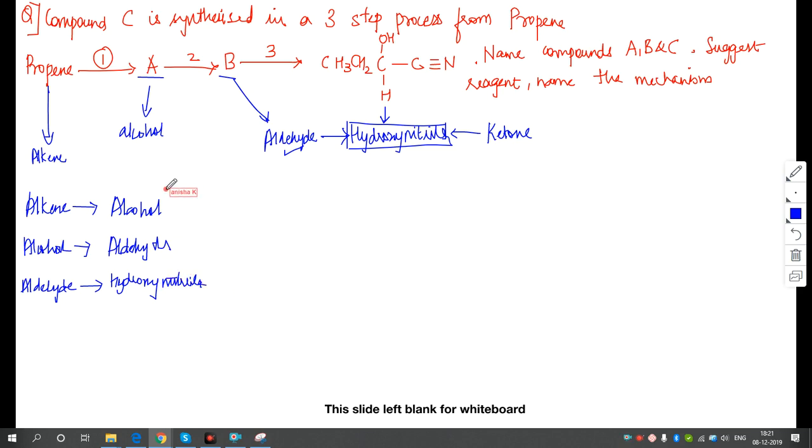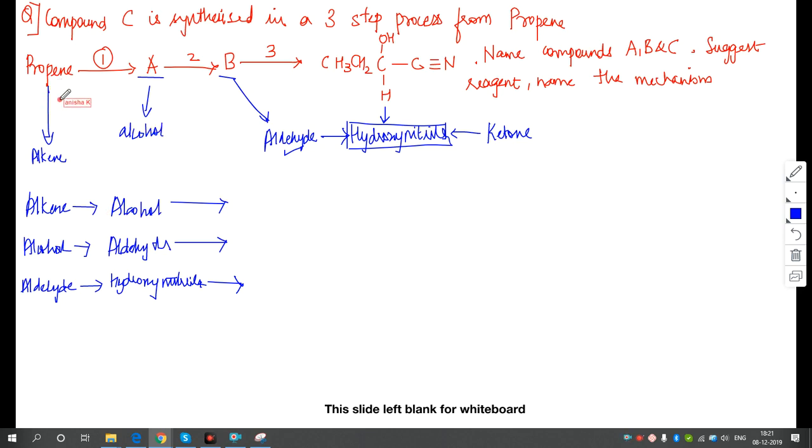Now let's see what are the reaction queues. I am not mentioning the reagent and the mechanism, you have to identify them with the table number I'm giving you.